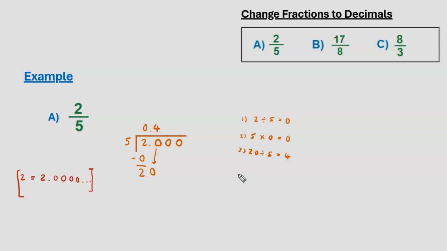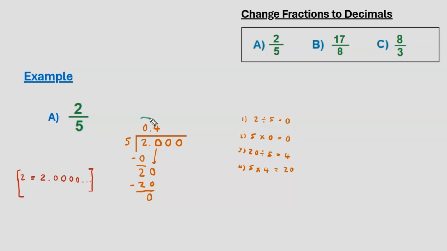So like before, another step, which is 5 multiplied by this 4, subtracted below. 5 times 4 gives us 20. 20 minus 20 gives us 0. And in fact that signals that we have completed the division sum that we set up of 2 divided by 5, which gives us the decimal form of 2 over 5, the fraction.